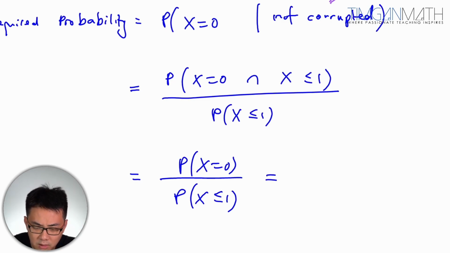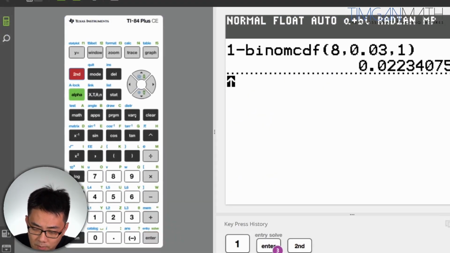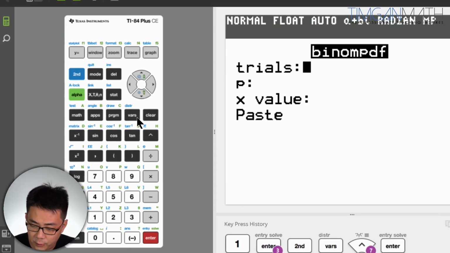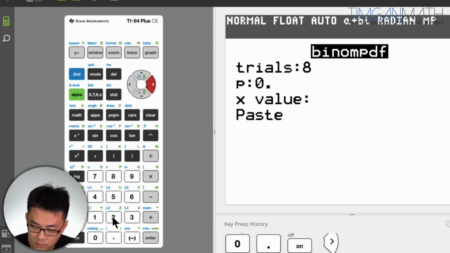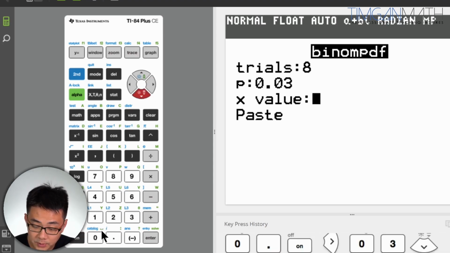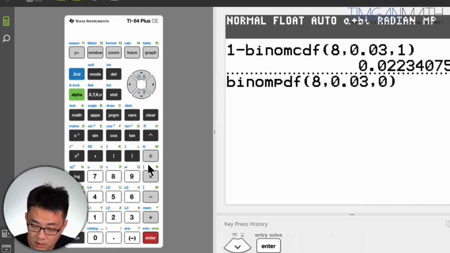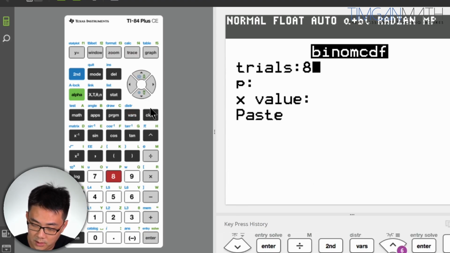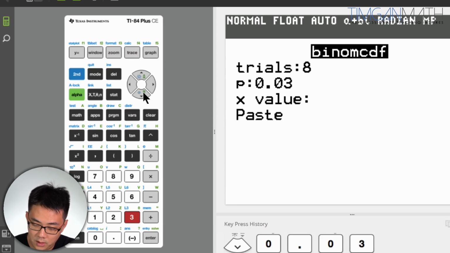So key in calculator: binomial PDF with 8, 0.03, and 0, divided by the binomial CDF with 8, 0.03, and 1.